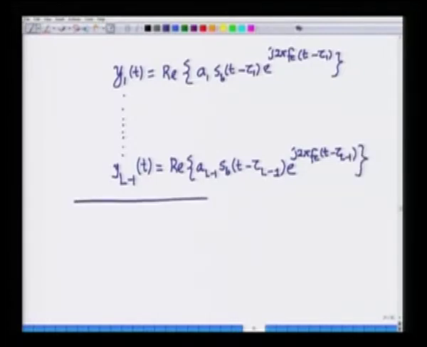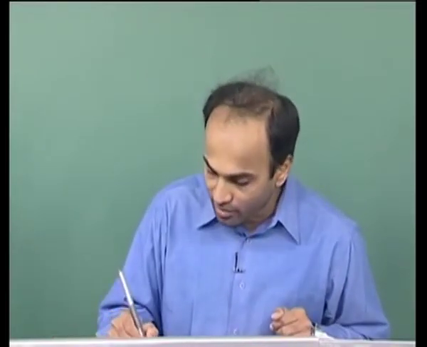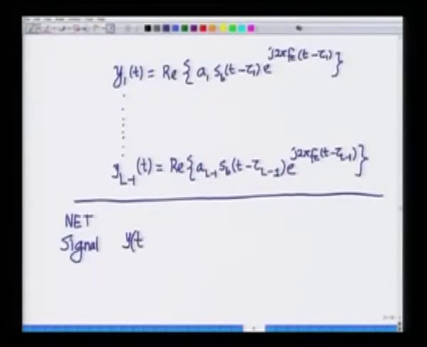Hence, the net wireless signal can be represented as the sum of all the signals arriving from the multipath components, or all the signal copies arriving through the different paths, and that is simply y(t), which is real part of the sum of all the above components.